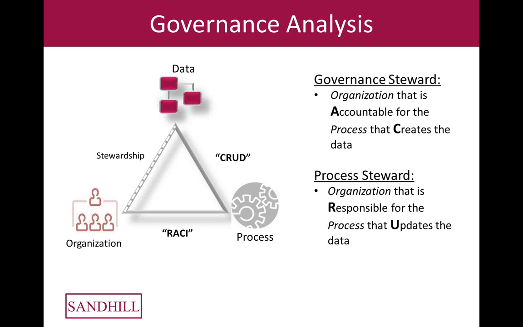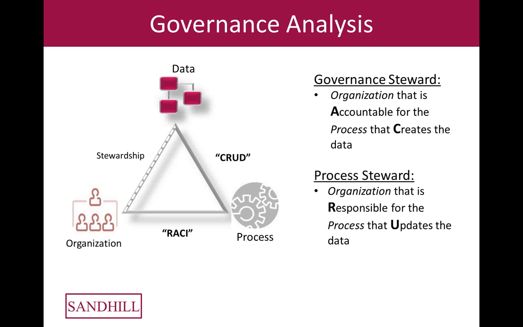As a governance steward, what I'm effectively looking for is the organization. I look at the RACI chart that is accountable. Then I look at the process side as to who creates the data. In a particular instance, let's say it's customer. I look at customer. I look at the CRUD. Which process creates customer and who is accountable for that process? That will give you a good sense that they are the persons that are responsible for understanding what the enterprise has chosen to collect.